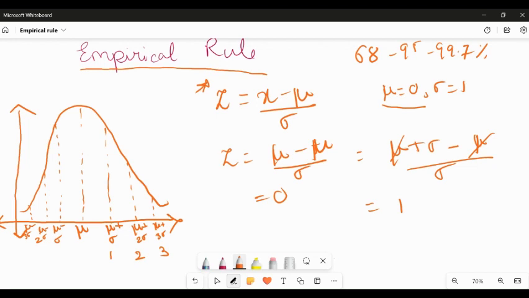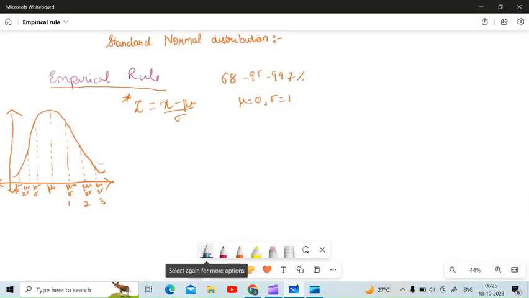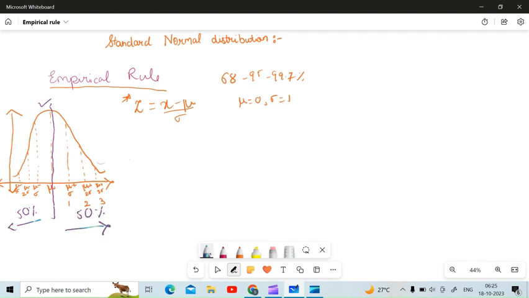Now, this 68, 95, 99.7, how does it come? How does the calculation actually happen? That is what we are going to see. As we know, if the distribution follows the normal distribution, and I divide it in the middle, then 50 percentage of the area is consumed here and the remaining 50 percentage of the area is consumed here, right?